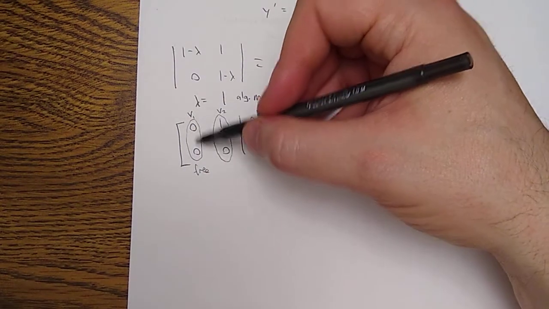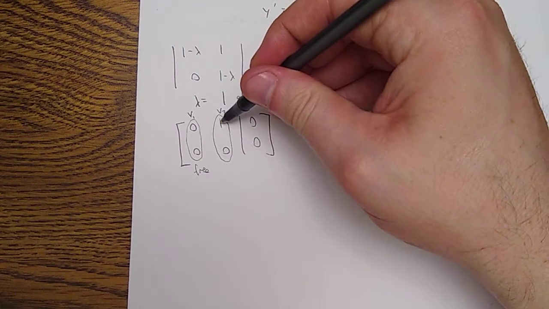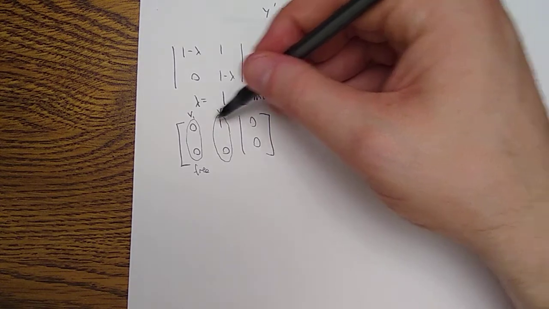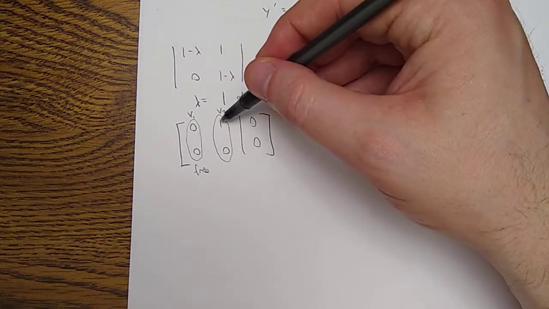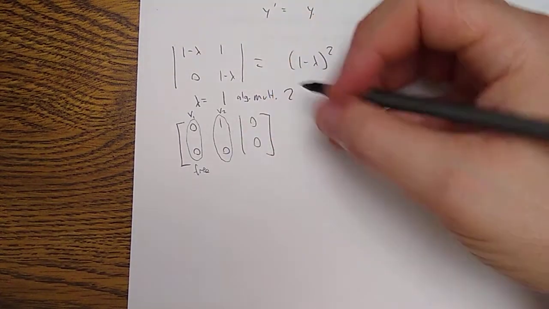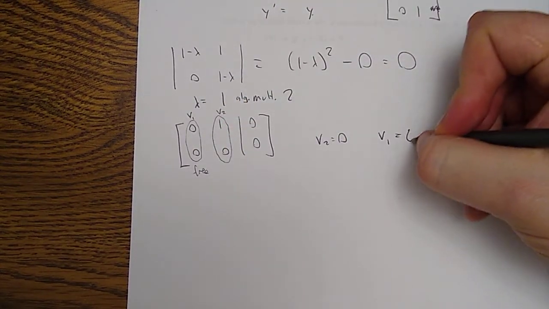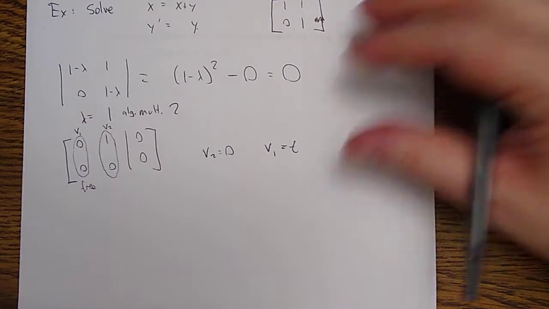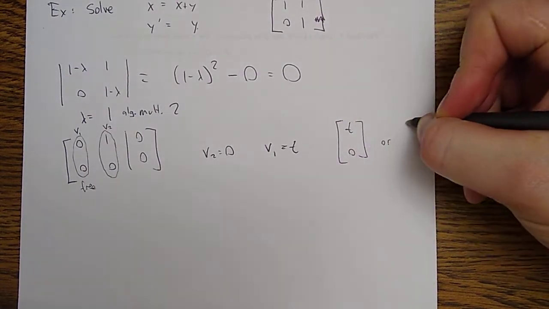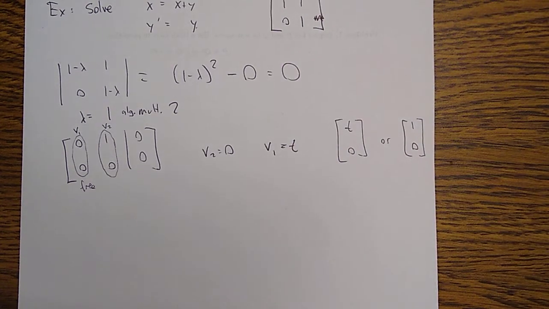Because remember, a free variable is really just any column that doesn't have a leading 1. This column does have a leading 1. This is the 1 that is farthest to the left in its row, so this is a leading 1. Anyway, what this tells you is that V2 is 0. V1 is free, so I can let it be whatever I want, say t, and then the eigenvector is like t, 0. Or we've done this a bunch of times. We know we only need one eigenvector for this, so let's just use 1, 0.